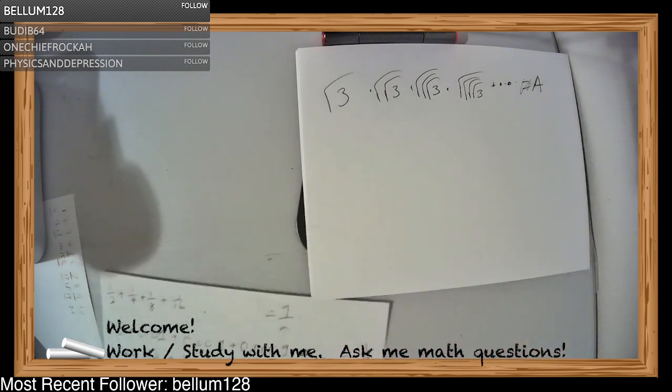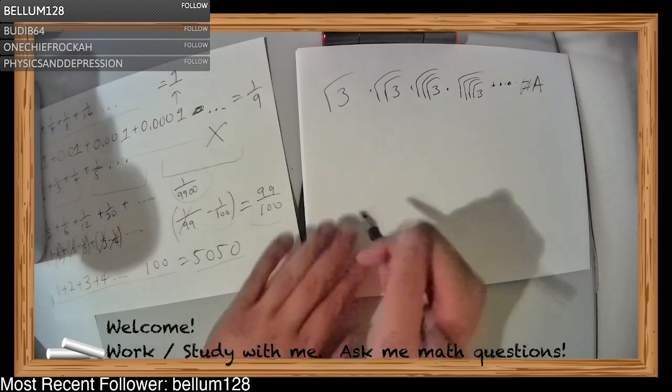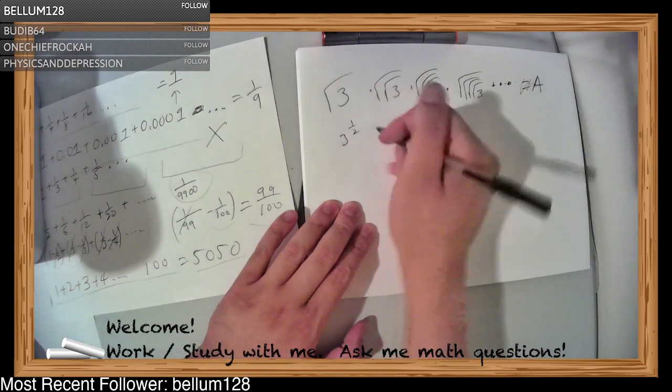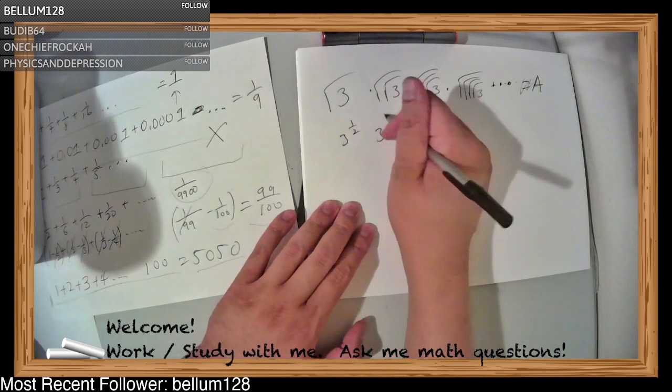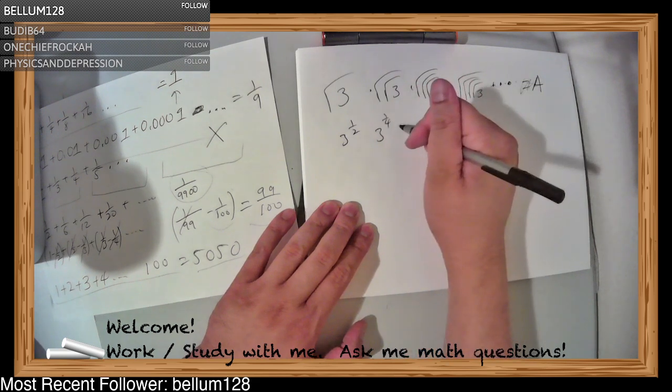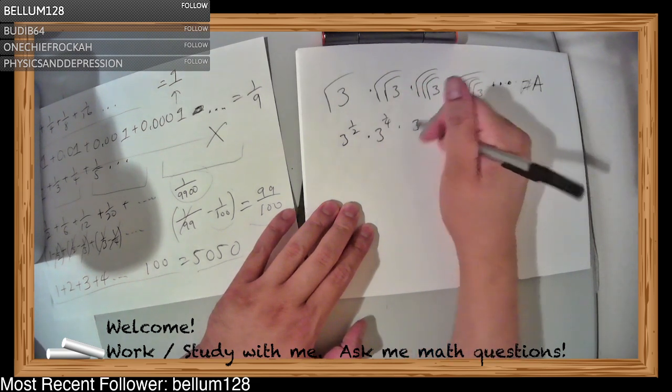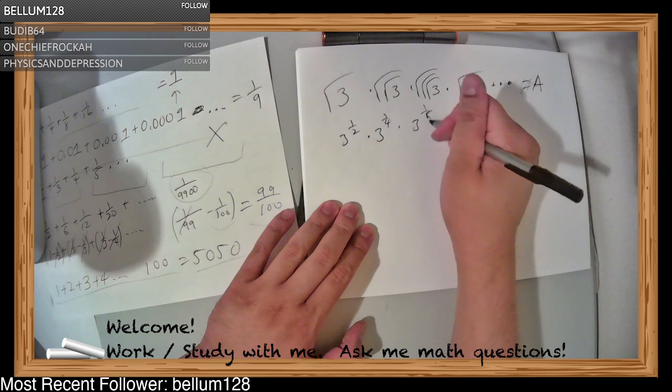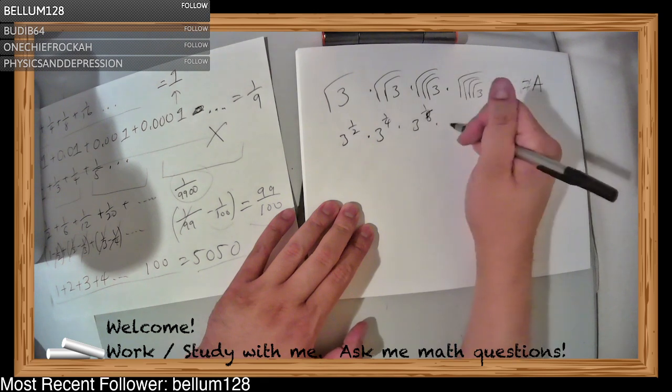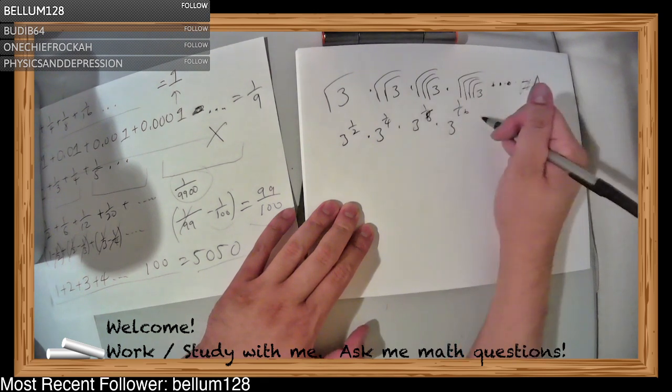So let's simplify. This is 3 to the half. This is 3 to the fourth. 3 to the 1/8. 3 to the 1/16. Dot, dot, dot.